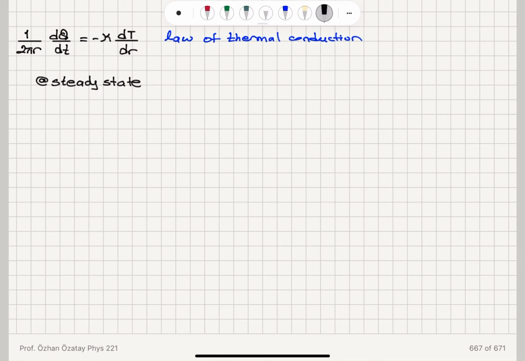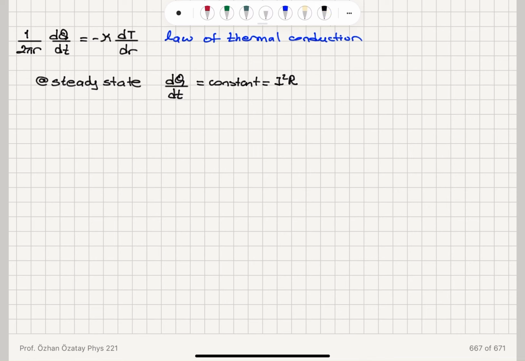And at steady state, this dQ/dt, the heat flowing per unit time, is a constant, and it is equal to I squared, steady current squared, multiplied by resistance per unit length.